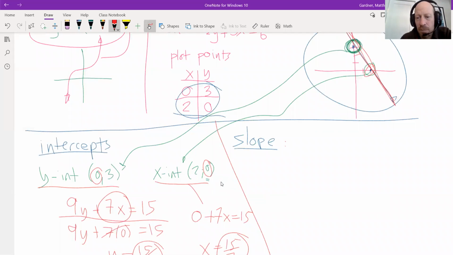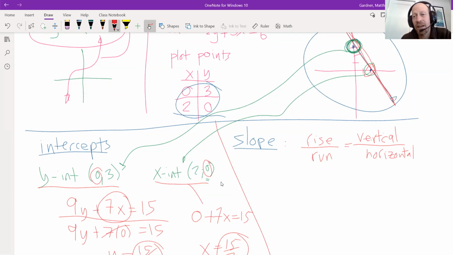A lot of times people remember slope as the rise over the run, which is just a mathematical way of saying the vertical change over the horizontal change. So what we want to do is come up with that ratio.